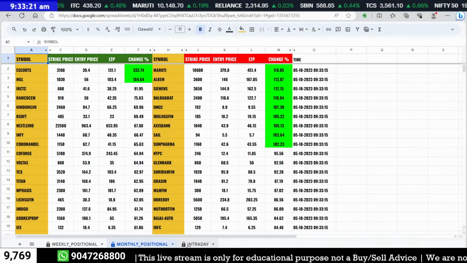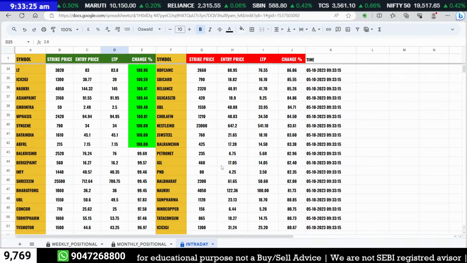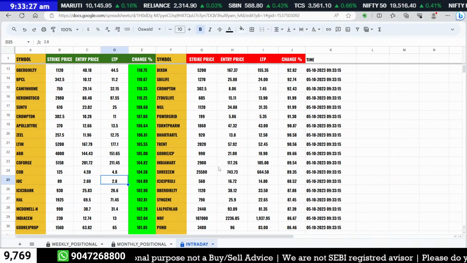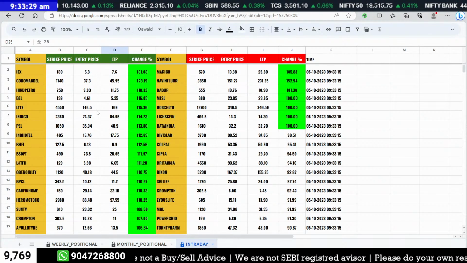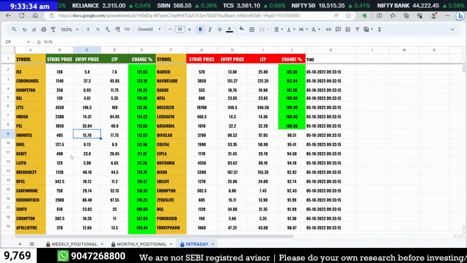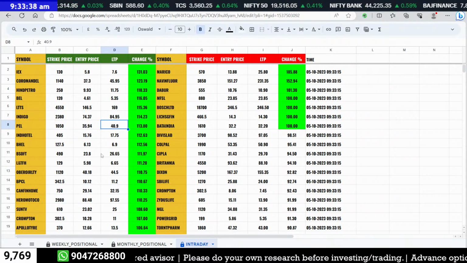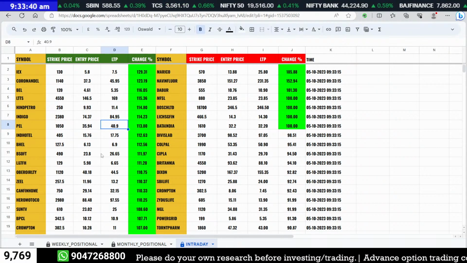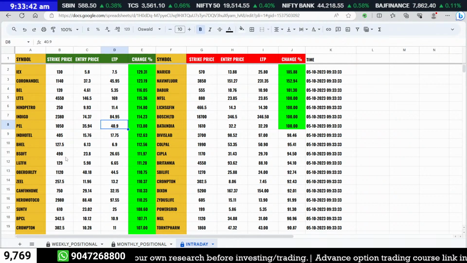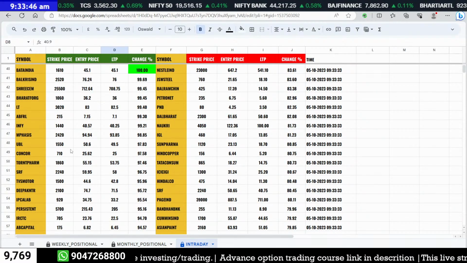So any new fresh opportunity for intraday? It was on the call side: Berger Paint and RBL, Indian Hotel 15.7. PEL now it is 41. If you want to find a fresh breakout, we can check below.